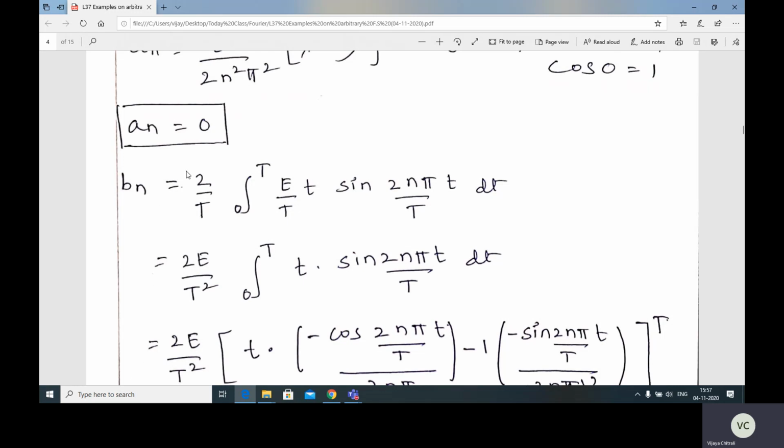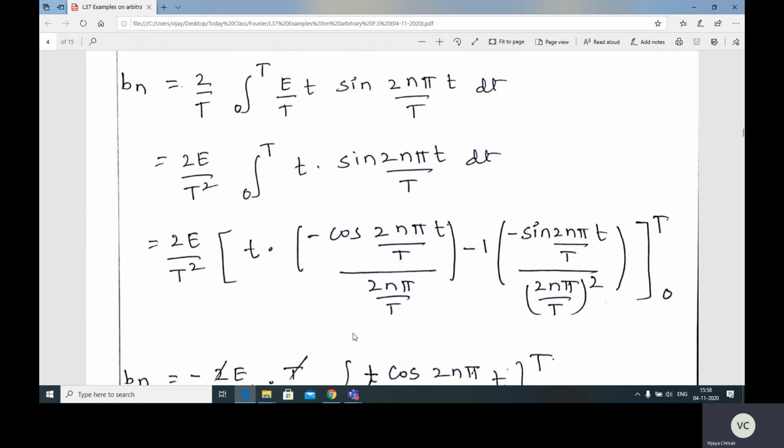Now find bn. So bn is equal to 2 by T integration from 0 to T, E divided by T, small t, sine 2n pi t divided by T dt. So integrate this with respect to t. Again this is a product of two functions, and capital E by T take it outside. So 2E divided by T square integration from 0 to capital T sine 2n pi t divided by T dt. So apply Bernoulli's rule, integration by parts.